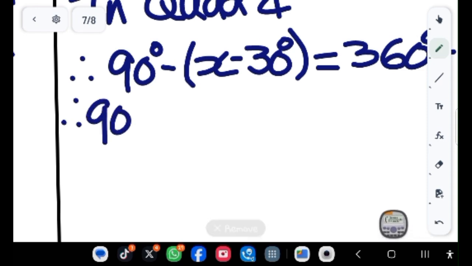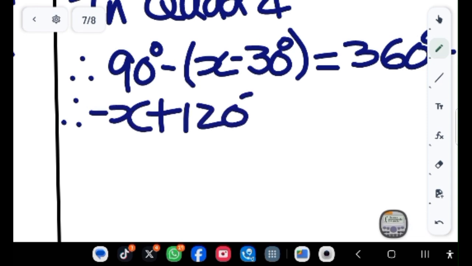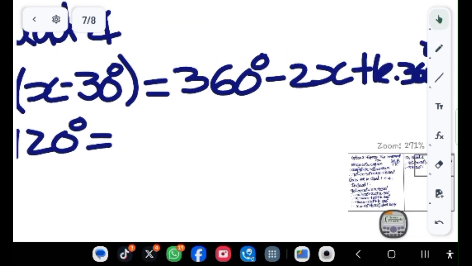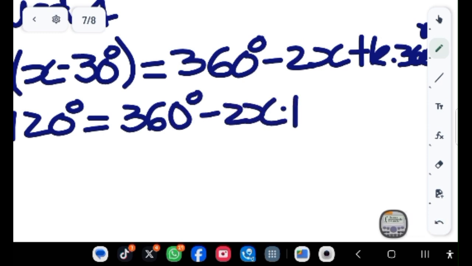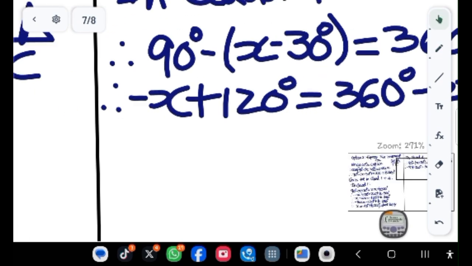That will be minus x plus 120 equals, just taking a shortcut there, 360 minus 2x plus k times 360, where k is an element of integers.